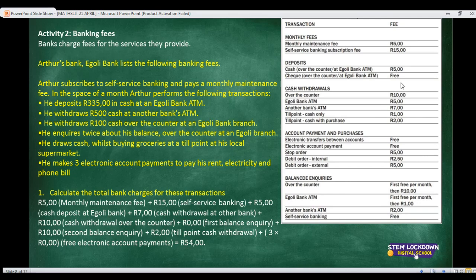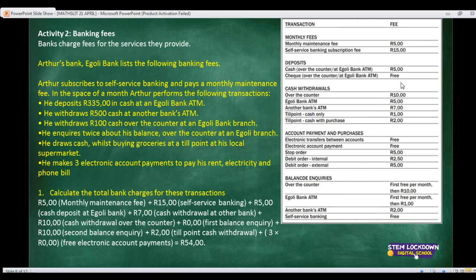When you know that this month you're going to need 200 rands cash, you withdraw the 200 rands at once to avoid getting more fees. If you withdraw 100 rands today and 100 rands tomorrow, the fees are added onto each other. But if you withdraw 200 rands today, you're charged only once. If you're transferring to someone only once, and you're not going to transfer again next week, you avoid those unnecessary fees that you may incur.